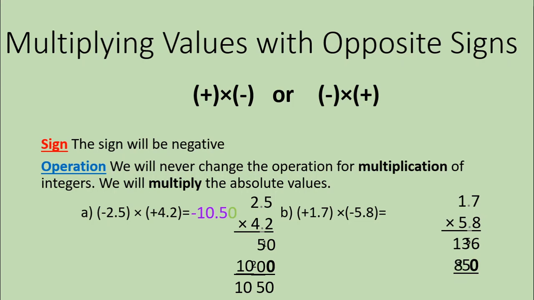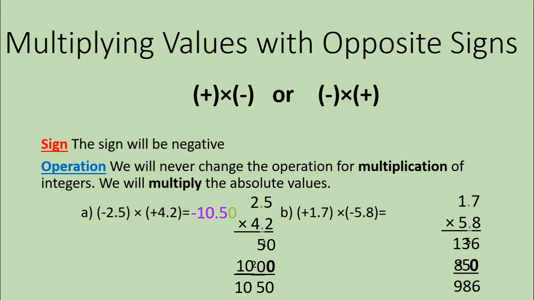So 8 times 17 was 136, 50 times 17 was 850. Together, 58 times 17 must be 6 plus 0 is 6, 3 plus 5, 8, 1 plus 8, 9, 986. But of course, 1.7 times 5.8 won't be as big as 986.